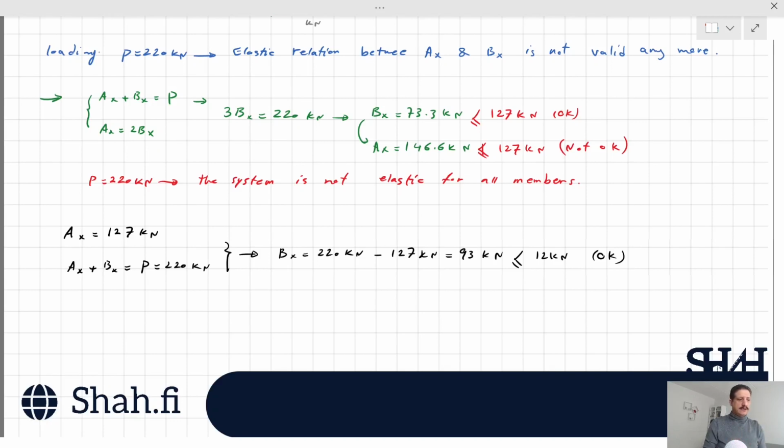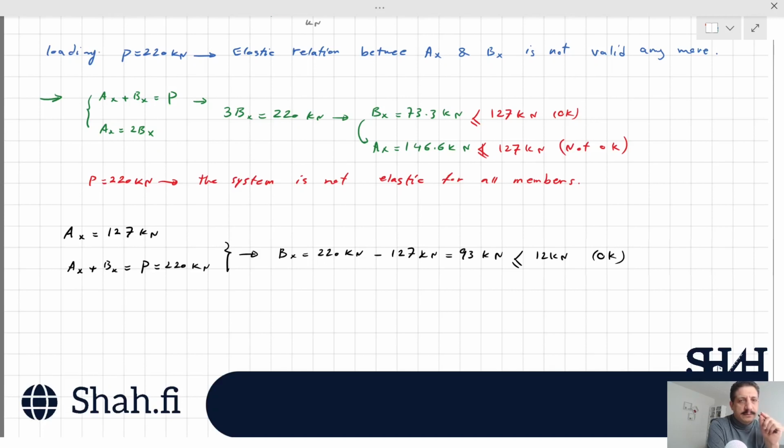And as far as AX is now plastic, we cannot use the equation of delta FL over AE for calculation of deformation at point C. But we know that AC and BC are one entity, and wherever C goes, it's a single node.